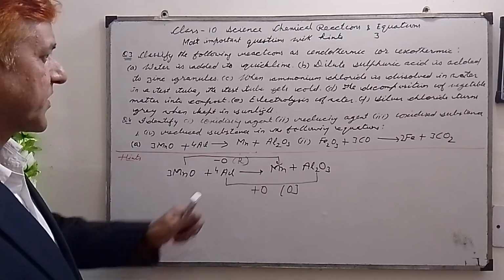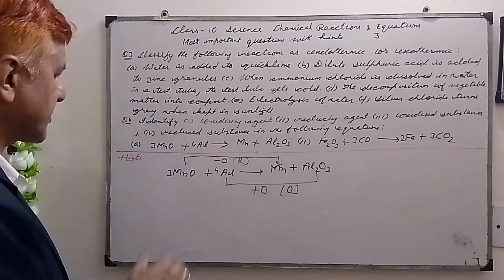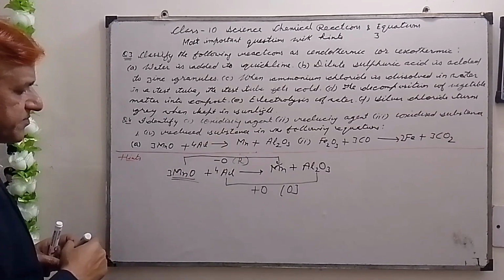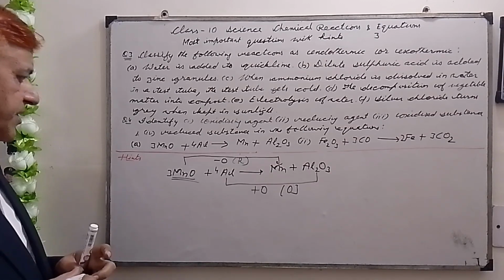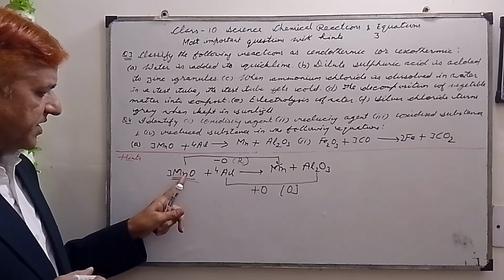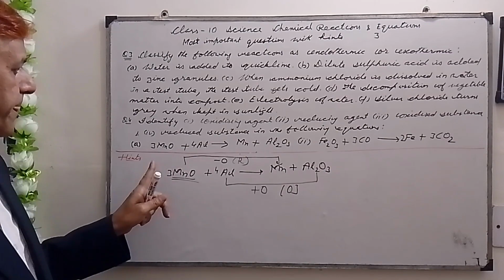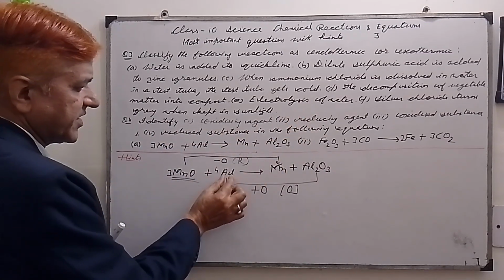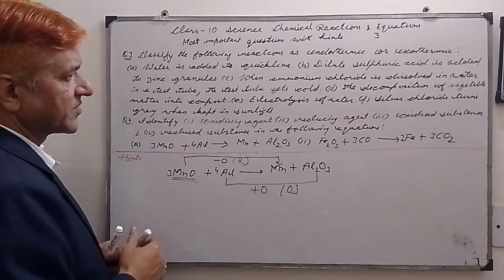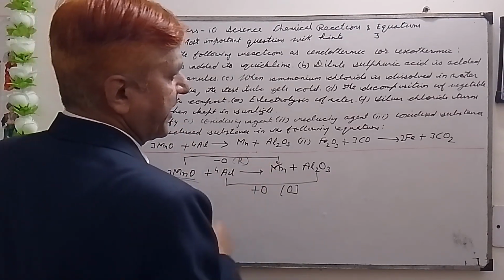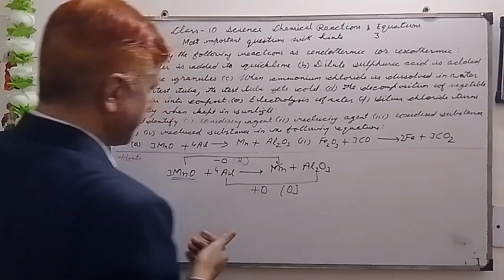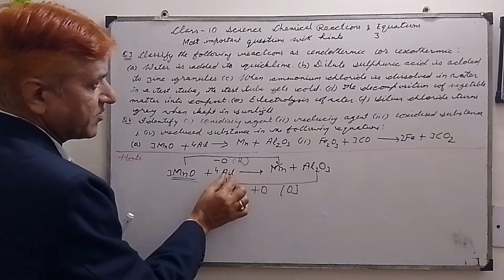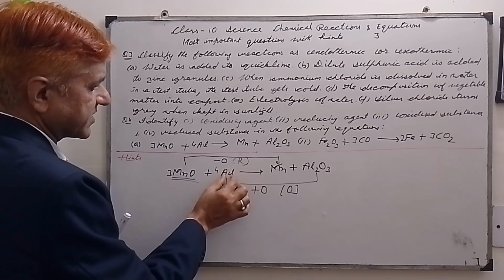Now first is the oxidizing agent. The oxidizing agent is this manganese oxide. The reducing agent is obviously aluminium. And the oxidized substance, where is oxidation? Oxidation is here, so aluminium is the oxidized substance.